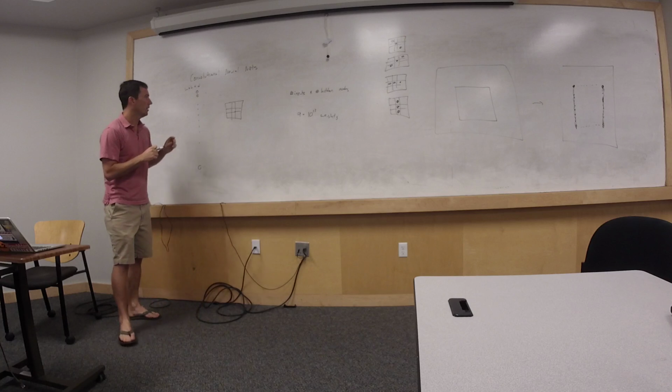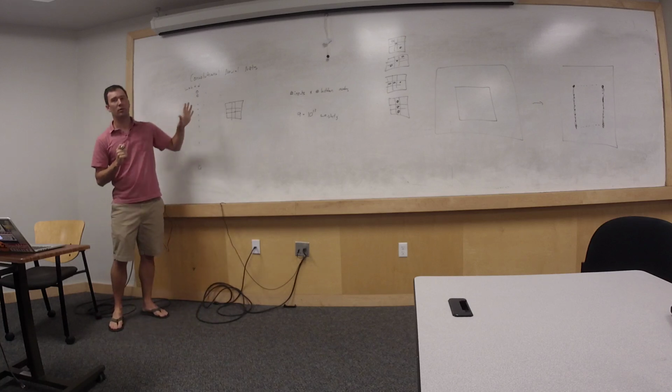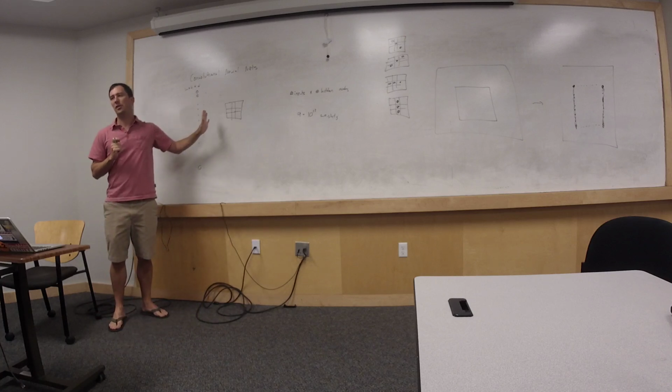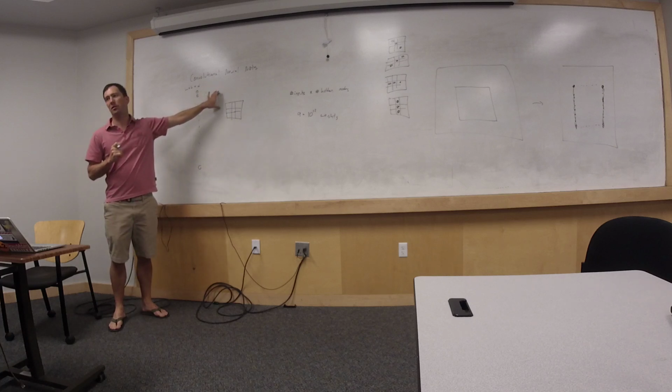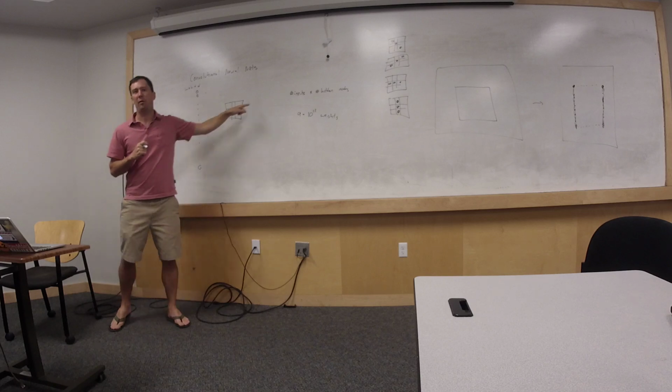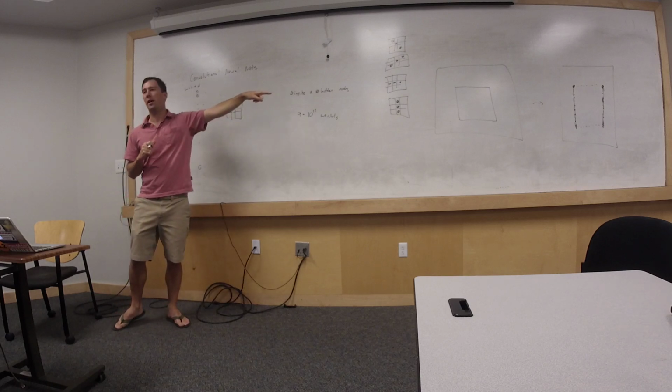What I do to run an image through this layer is I look at each little 3x3 neighborhood in my image, and I run it through this filter the same way I did over there.